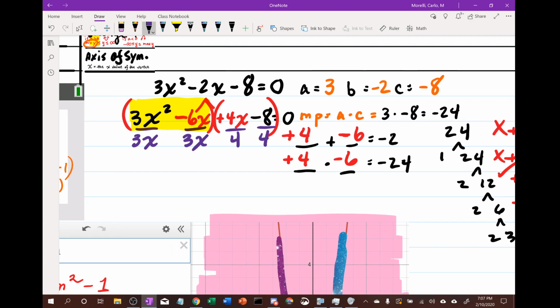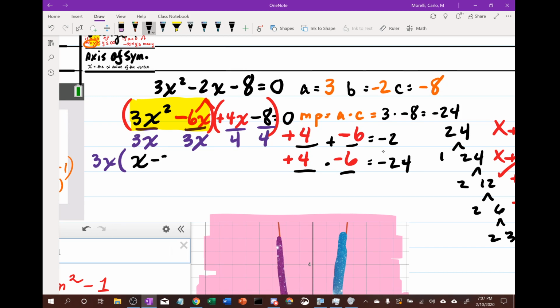Okay, do you remember what to do now? We do some more parentheses, and we do 3x times parentheses x minus 2.